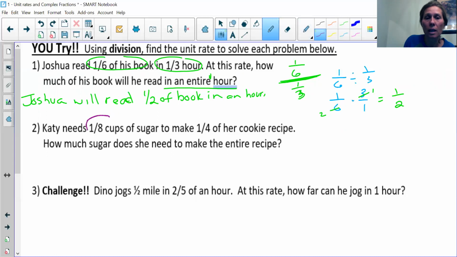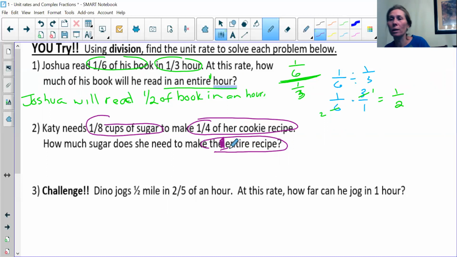All right, so she needs 1/8 of a cup of sugar to make 1/4 of a cookie recipe. That's not the whole thing, that's 1/4. Look at the question. How much sugar does she need to make the entire recipe? That means the whole recipe, the one whole thing, a whole recipe. So what do we want 1 of? We want the whole recipe.